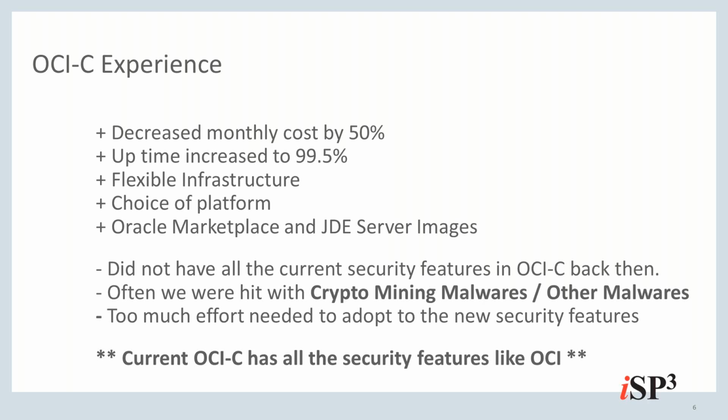Also with OCIC, we had a choice of platform. On-prem, we were using Windows. Now in OCIC, we have the choice: you can implement JD Edwards on either the Windows platform or Linux platforms. Of course, Oracle likes everything on the Linux platform, but we have a choice there. And the fifth advantage was that we have a marketplace where we can download all the server images.